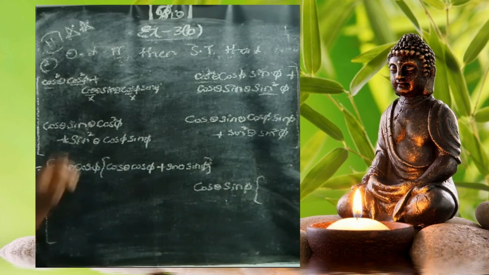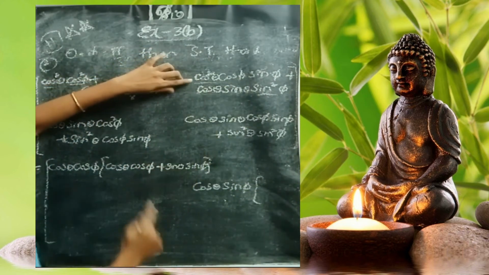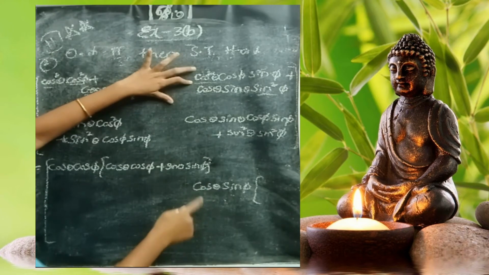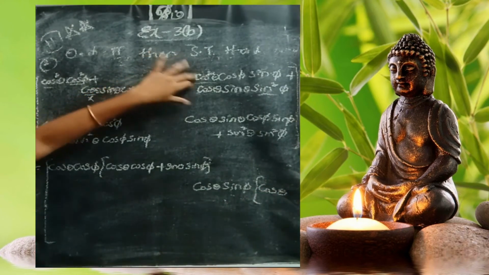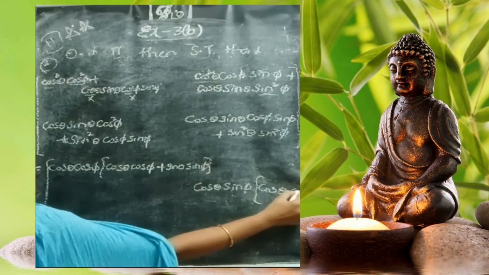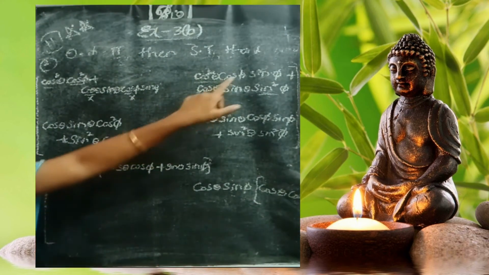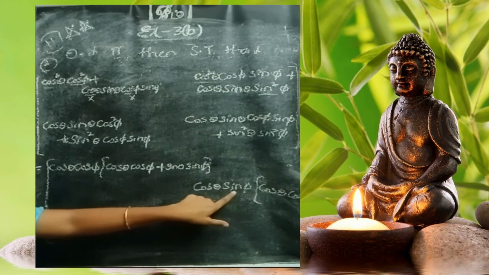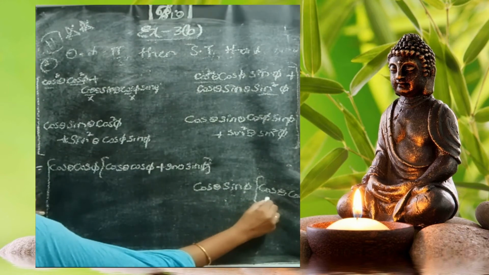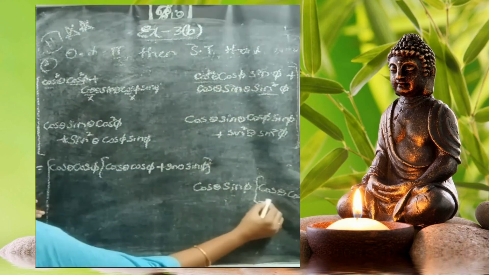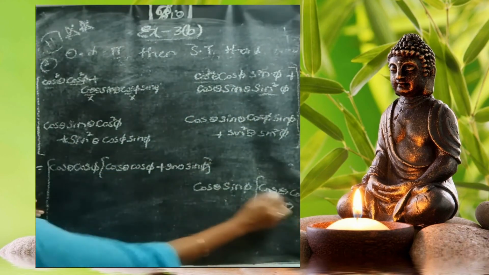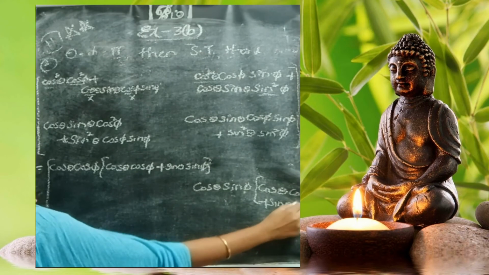Okay, see in the first term cos theta is there, so again one will be there: cos theta and cos pi. See here, sin pi I have taken as common. So plus cos theta already I have taken common. So write the remaining: sin theta, sin pi. Here square is there, means 1 will be there.